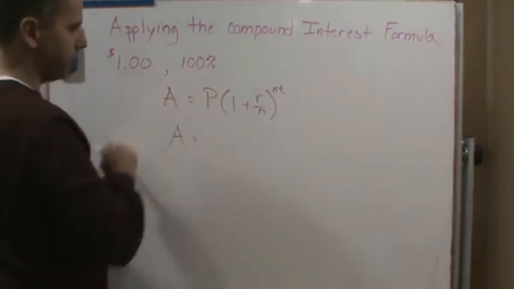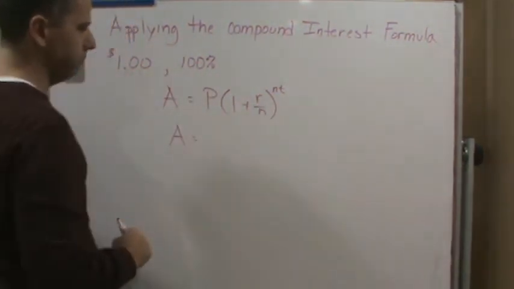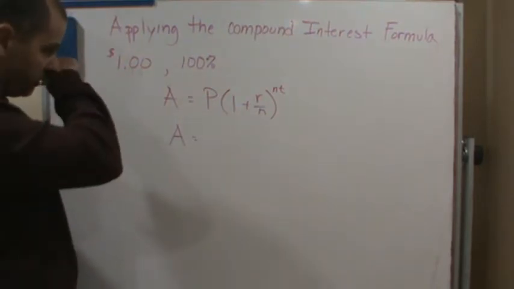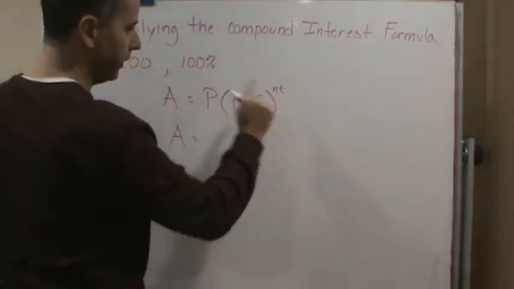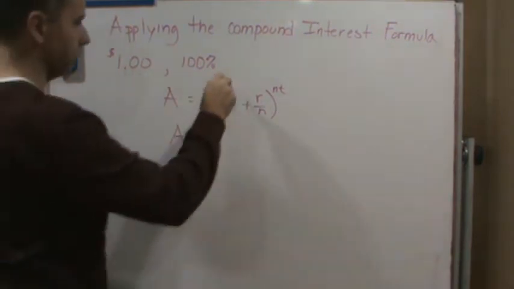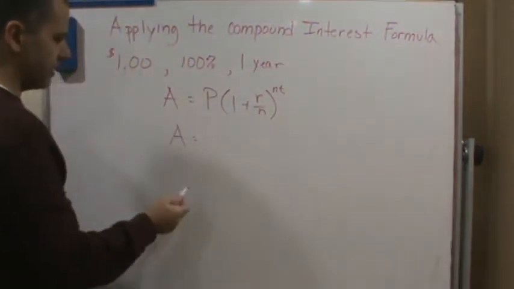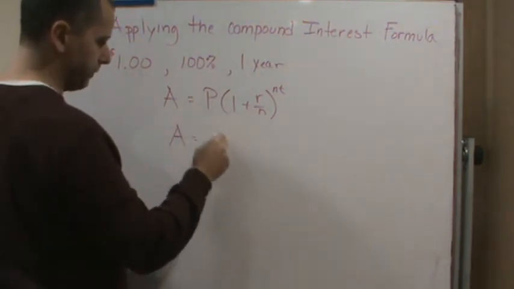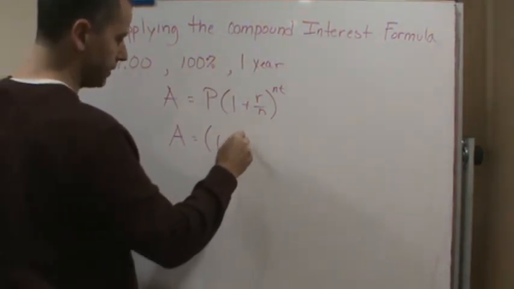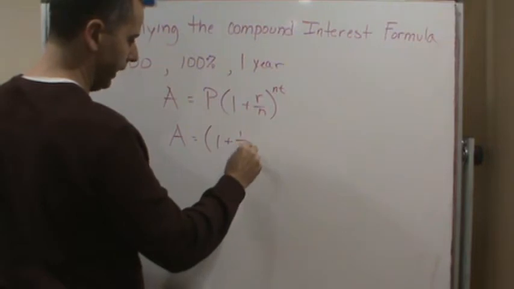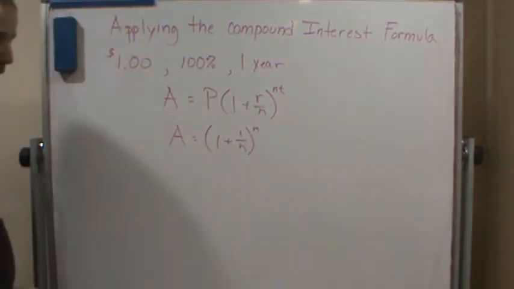We're getting 100% rate of return, which means r is 1, and we're going over 1 year, so t is 1. Our formula simplifies to (1 plus 1 over n) to the nth power. Now, the question is what happens if we play around with n?